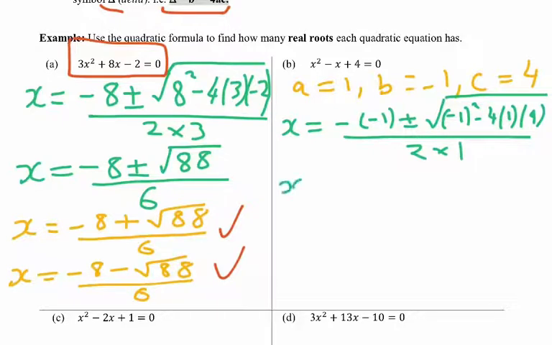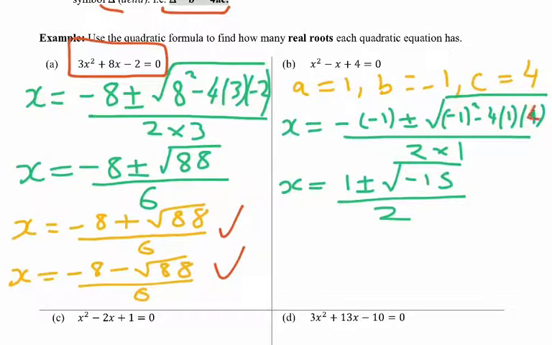So that gives me x equals 1 plus or minus the square root of minus 1 squared, minus 4 times 1 times 4 equals negative 15, all divided by 2.